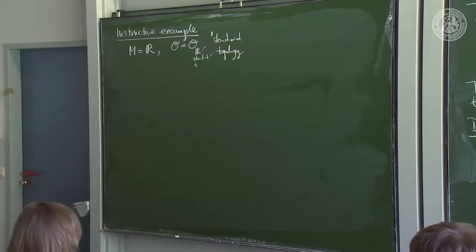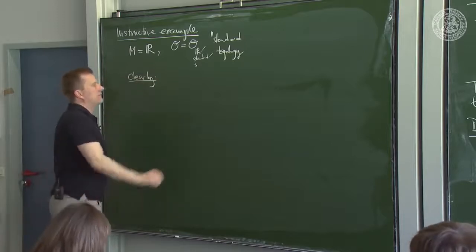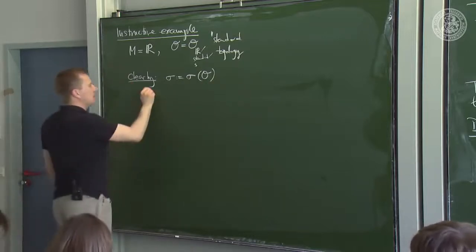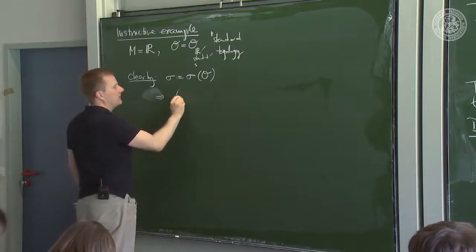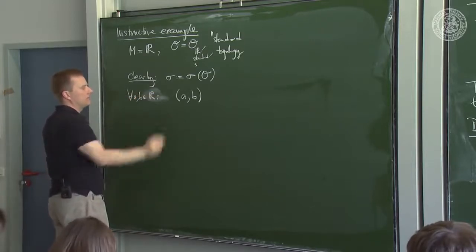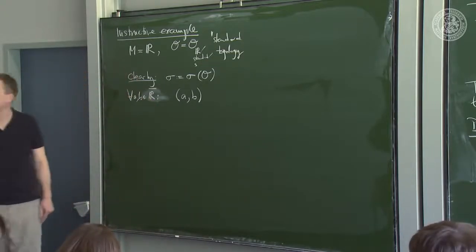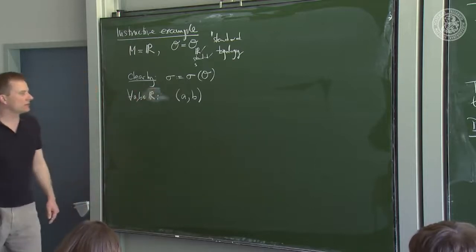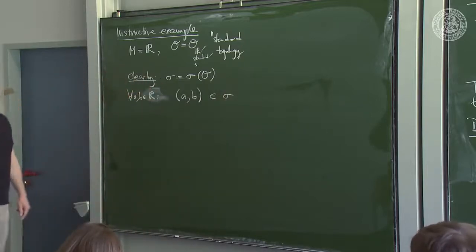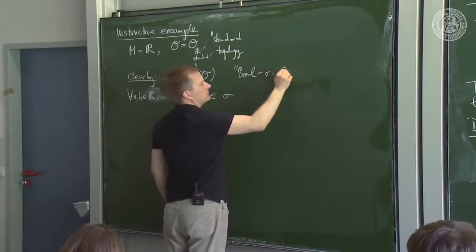Now, what you can do, obviously, clearly, if sigma is defined as the one generated by all the open sets, it implies, that's very simple, that any interval (a, b) in R, well, I could even write R bar here, because minus infinity and plus infinity are included, but we don't need this at this point, that any open interval is an element of this so constructed Borel sigma algebra.